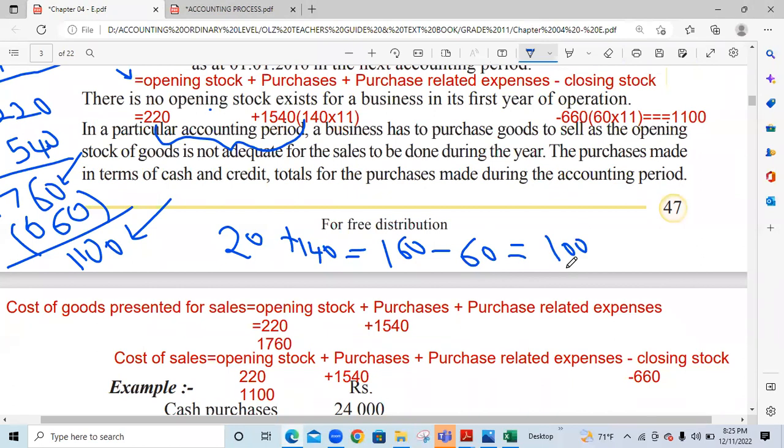So cost of sales is the cost of what you actually sold. The cost of those 100 pens is what you call cost of sales. Cost of goods presented for sale is how many pens you told your customer they can buy: 160 pens.